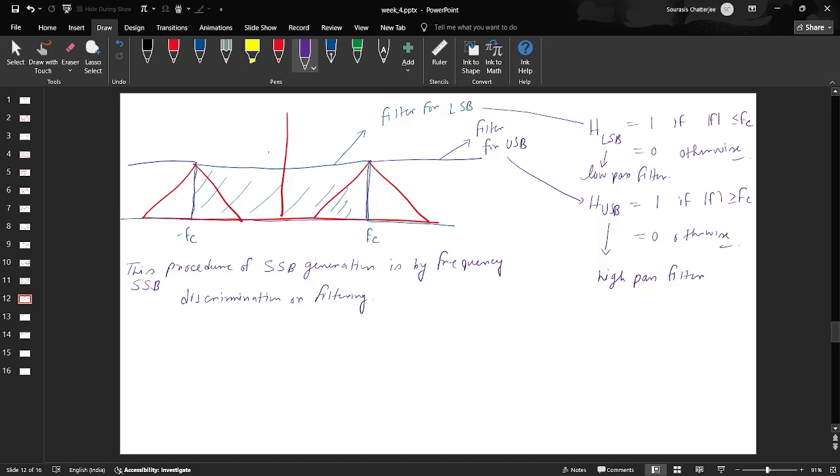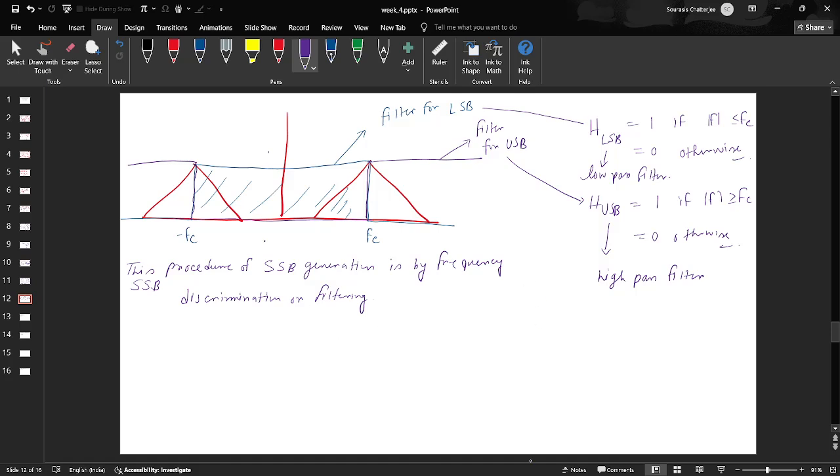Discrimination or filtering, intuitively at a higher level they basically represent the same thing. When you say discrimination, you are not going to treat every frequency the same, you are going to cut off some frequencies while letting some of the frequencies go. That is essentially what filtering is, and that is being done by both filters for lower sideband or upper sideband.